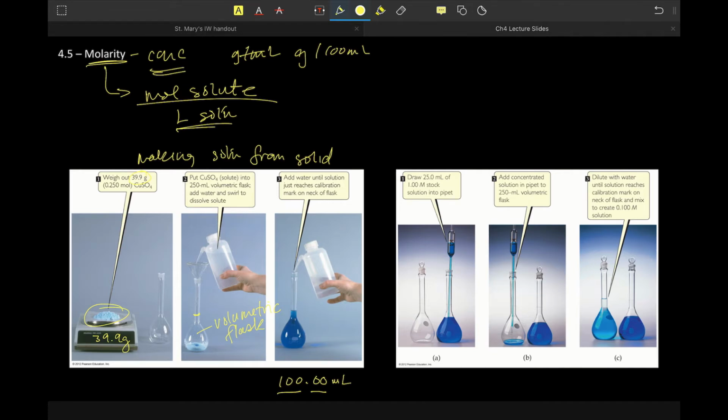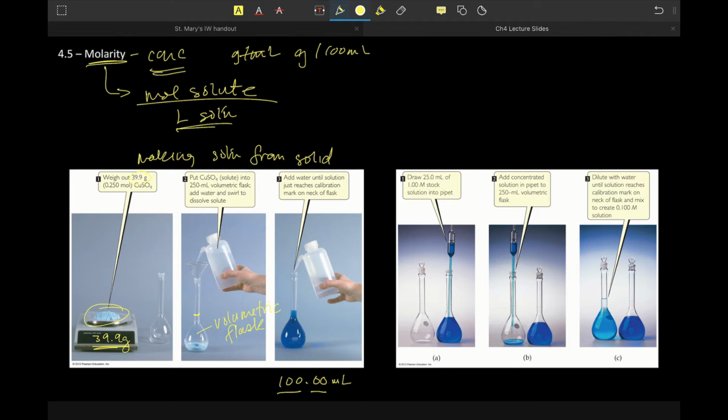So whether or not you need a volumetric flask depends on the level of accuracy that you need for your solution. Make sure you can reason through that, because obviously if this mass is limited to 3 sig figs, the molarity of my final solution is limited to 3 sig figs. So the need for the volumetric flask varies.